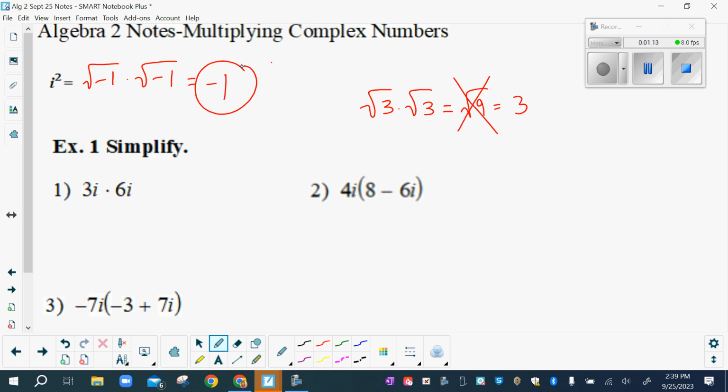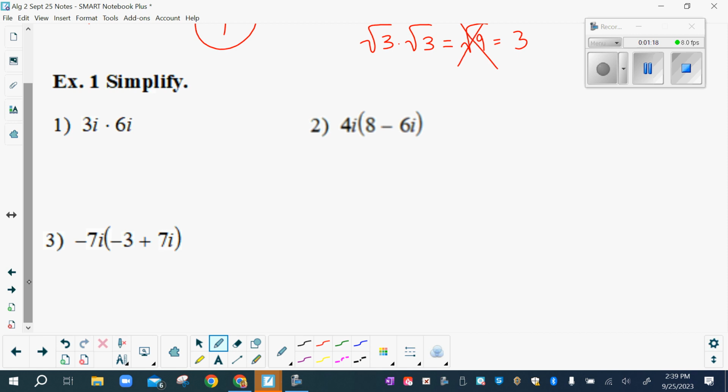Okay, so number 1, we're going to simplify 3i times 6i. What would we get? 18. Thank you, those of you that are sitting quietly. 18i squared, because we have 2 i's, so it's i squared.